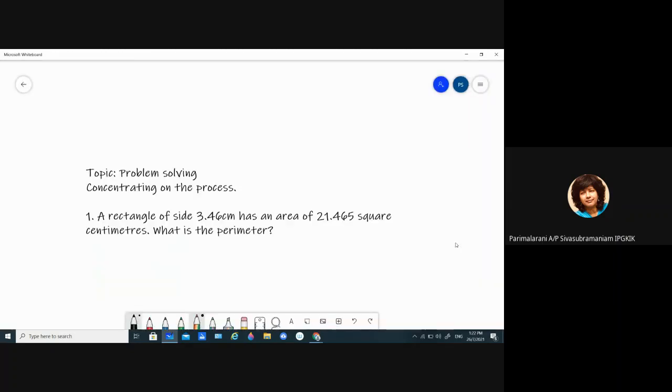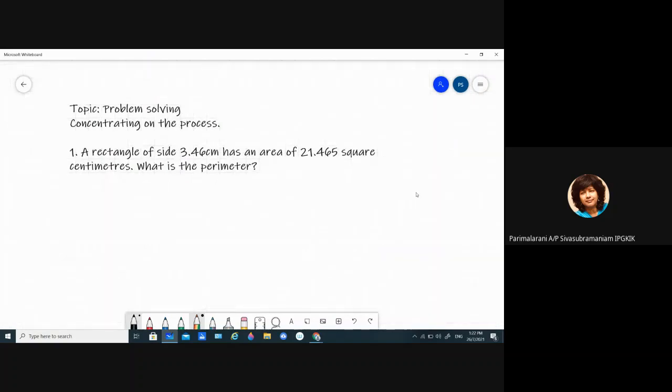But if you see the child using a calculator to check the answer or to do the algorithm, you must stop the child immediately. This is then another way to use calculators for problem solving. We are just concentrating on the process. For a rectangle, you have 2 big numbers here in decimals, and the child is given the area and one side, and they are asked what the perimeter is.